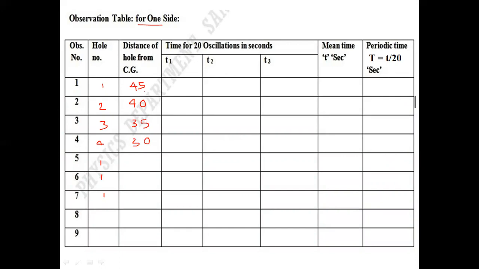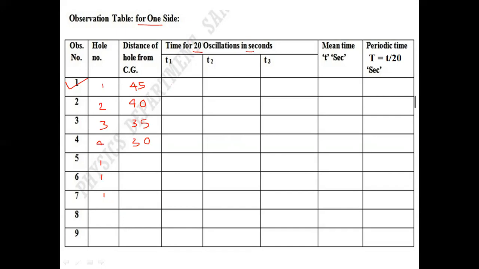Then fix the knife edge on the first hole in such a way that you can have free oscillations when you suspend the bar pendulum on the frame. Find out the time for 20 oscillations in seconds with the help of a stopwatch.